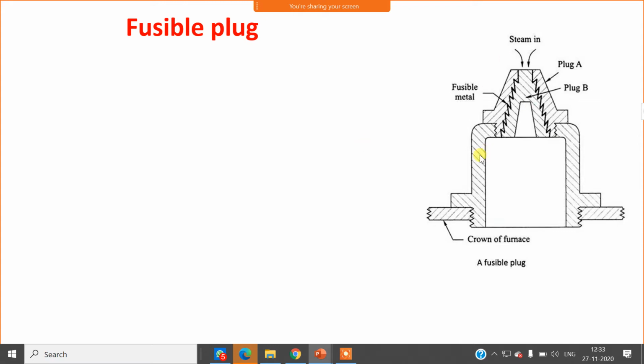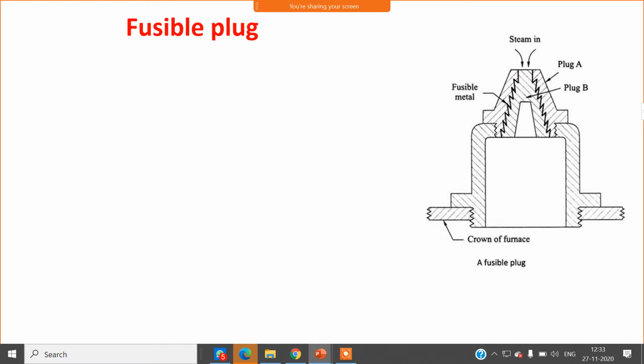The fusible plug is mounted on the furnace. When the water level in the boiler reduces predominantly, and due to very high temperature in the boiler, the burning of tubes or the bursting of the boiler can happen. To avoid that, the fusible plug is there.